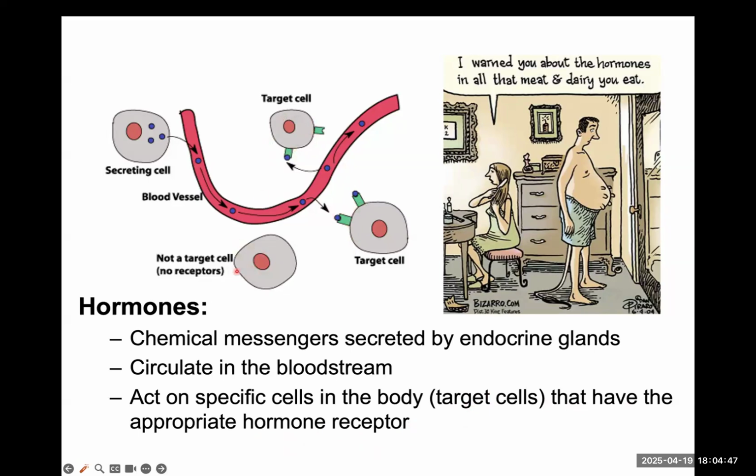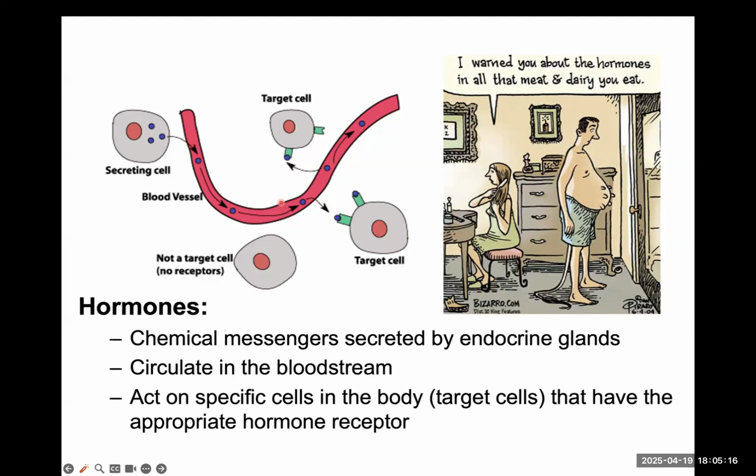This is not a target cell. There are no receptors, therefore it cannot act on this cell. These cells have receptors, so they can act on these cells. So that's the hormone. For example, insulin is created by the pancreas, and the insulin will go into your blood, and the blood is going everywhere.